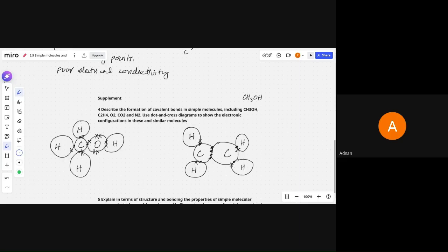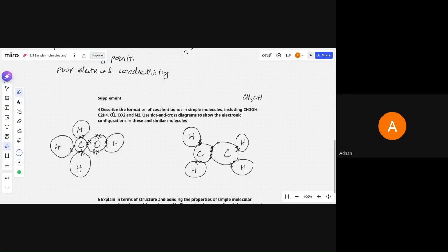Now you can see that the octet of both carbon atoms is complete, and this is the dot and cross diagram for C2H4. This one is a bit tricky compared to the others in which all the bonds are single. You must pay attention to the number of outer electrons, and each atom must have a full outer shell. Hydrogens should have two, and other atoms must have 8 electrons in their outer shells.